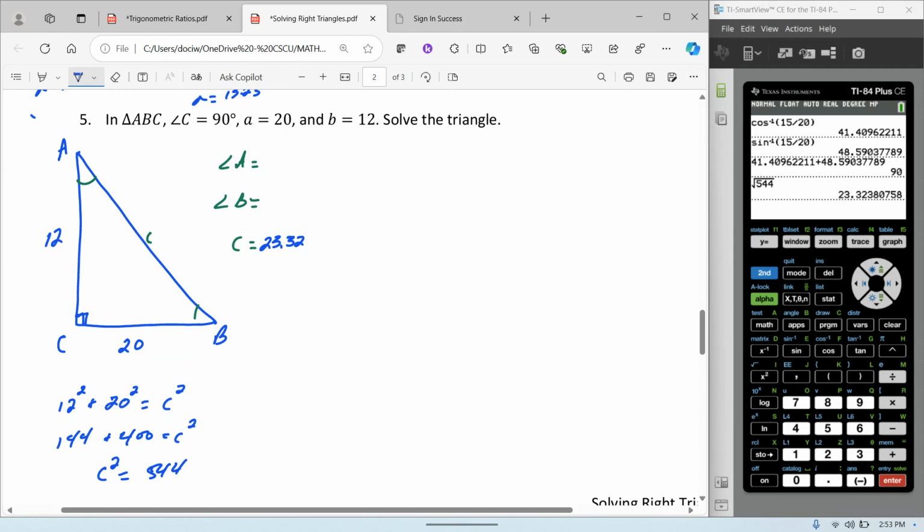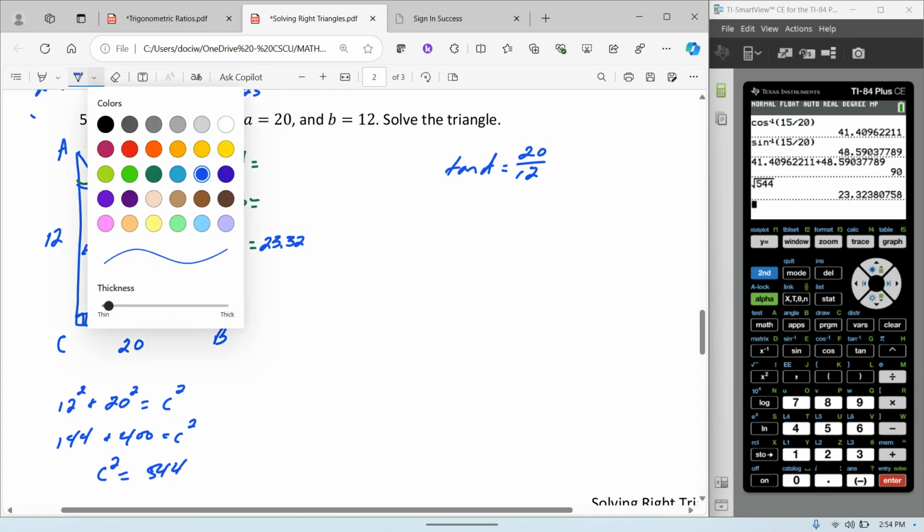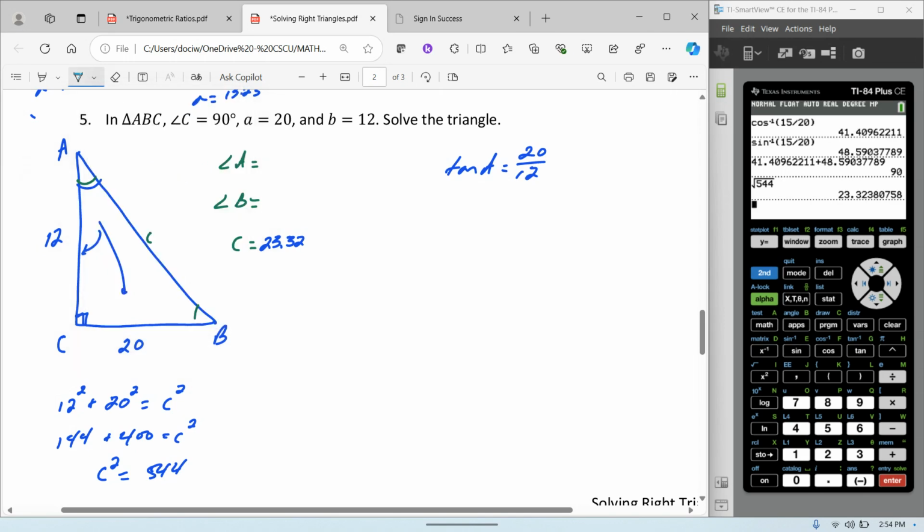Now, I can find angle A, angle B, either way. For angle A, notice that we have the leg opposite and the leg adjacent. So the tangent of A is equal to the leg opposite divided by the adjacent. In fact, if I consider angle B, 12 is the opposite leg and 20 is the adjacent leg.